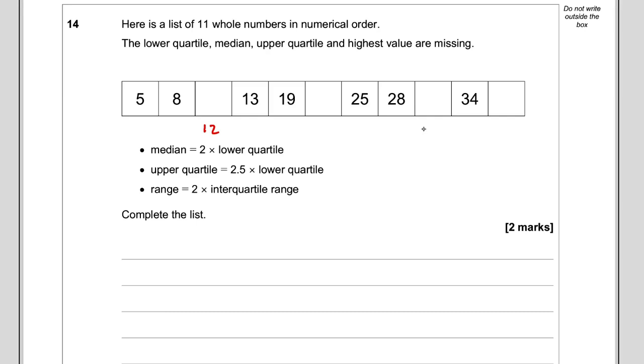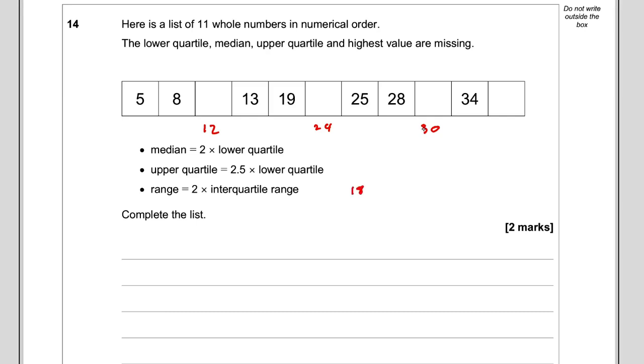So the median is 2 times the lower quartile, so 24, that would work. And then 2.5 times the lower quartile. So 2.5 times that would be 24 plus 6, which is 30. So that does work. And then the range is 2 times the interquartile range. So the interquartile range is currently 18.